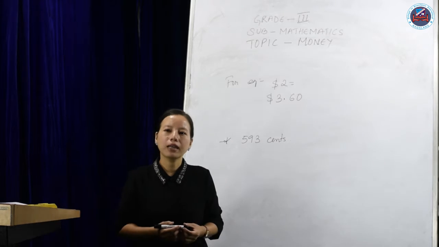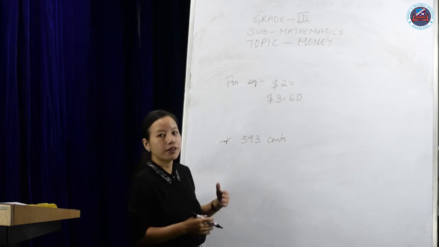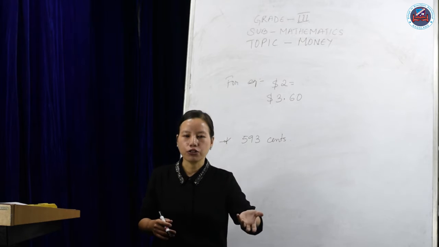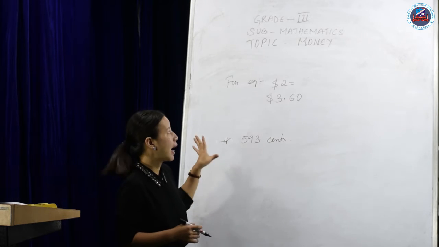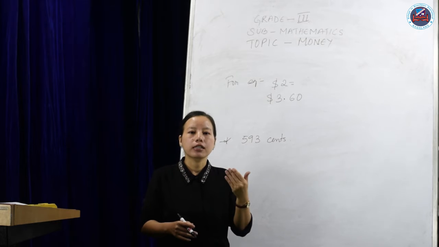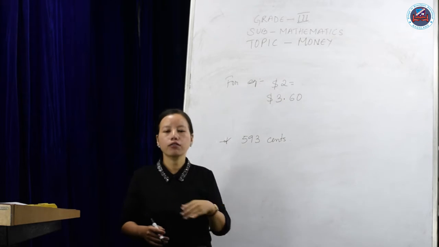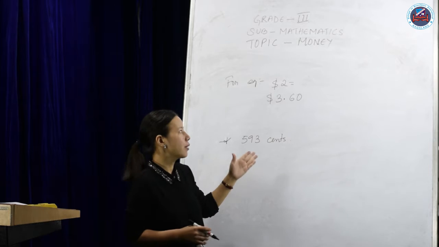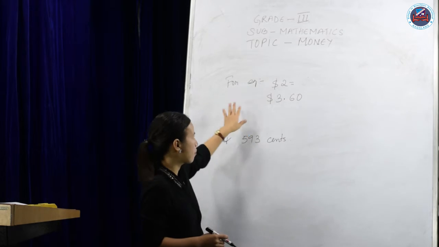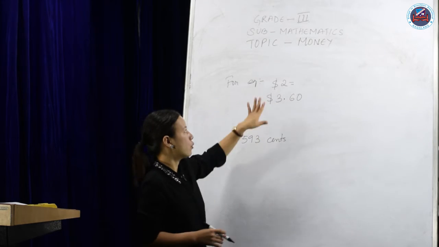Alright? Now let's learn how to convert dollars into cents. When we convert a dollars amount into cents, know that we have to multiply by 100. For example, we have $2 here, just dollars.